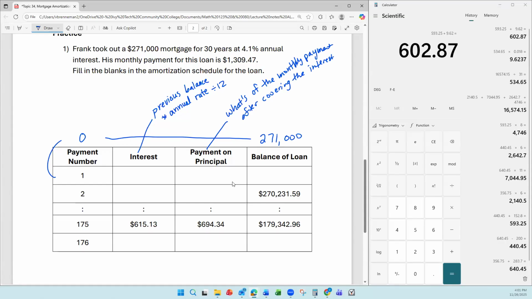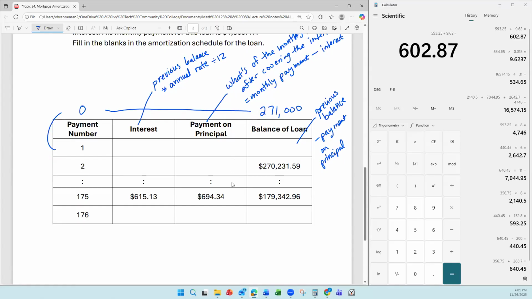So that is going to be the monthly payment minus the interest. And then the balance is going to be the previous balance minus the payment on principal.